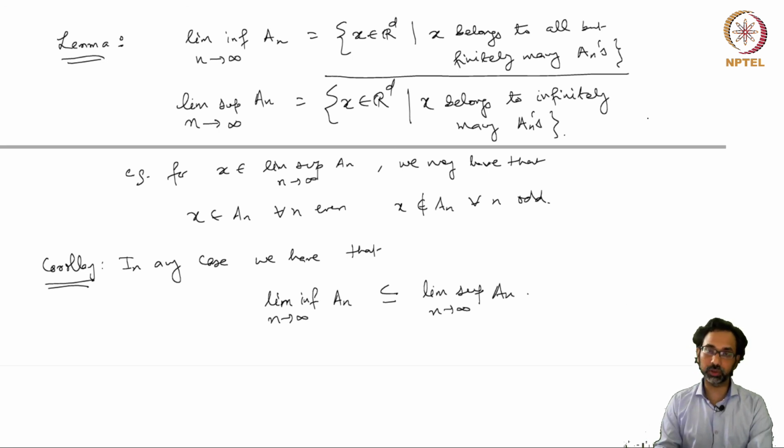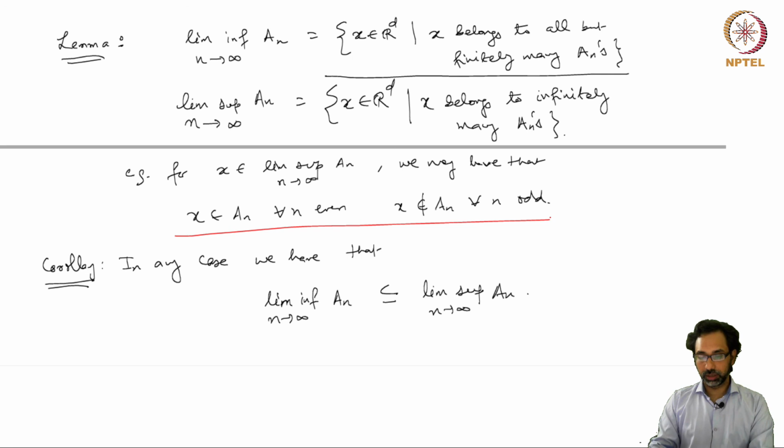So of course, if x belongs to all but finitely many n's, then it belongs to infinitely many n's, but the converse is not true, as we see in this example. So in this way, we have a more tangible, more practical definition of what lim sup and lim inf actually describe. Now we will use these two sets to prove our implication from 5 to 1.